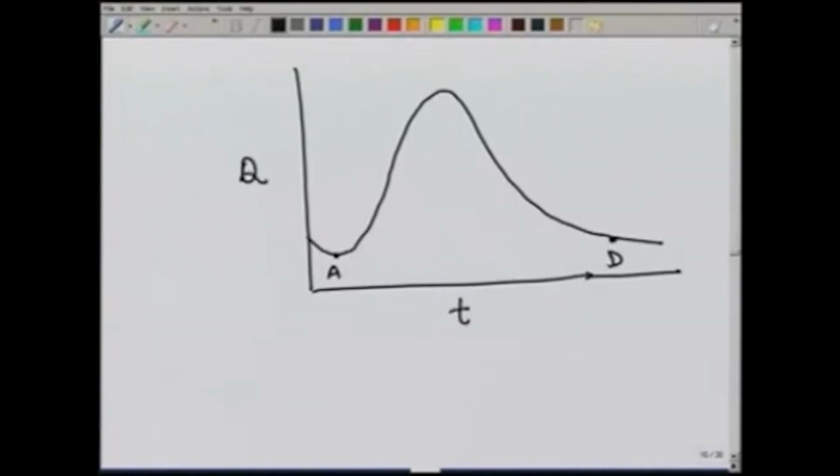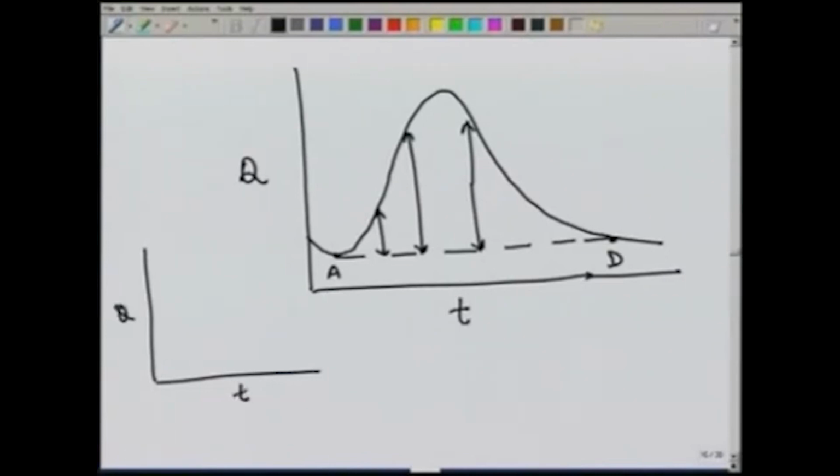So, if this is the hydrograph, we say that the base flow is given by this line joining A and D, and whatever area is above this line gives the direct runoff ordinate at that time, and then we can plot this direct runoff hydrograph separately, which will have a peak equal to this value and a time base which is equal to AD.